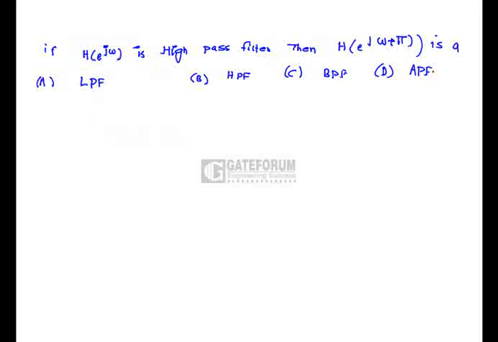If H of e power j omega is a high pass filter, then H of e power j of omega plus pi is a... Here, if we draw this one, minus pi to pi, this is the digital frequency, this is the high pass filter representation, this is cutoff frequency minus omega c.